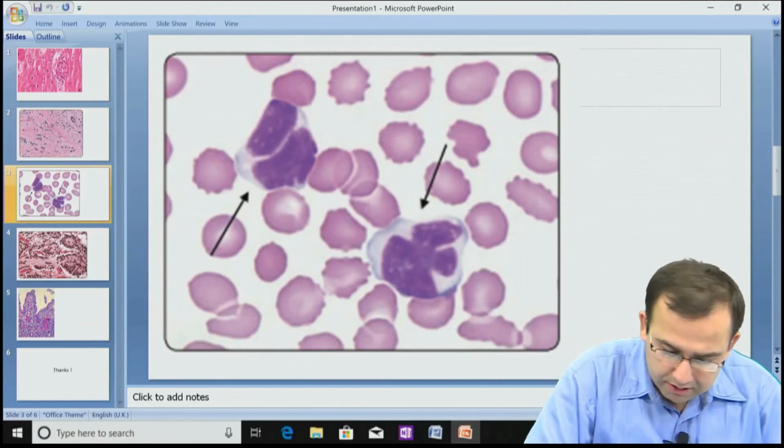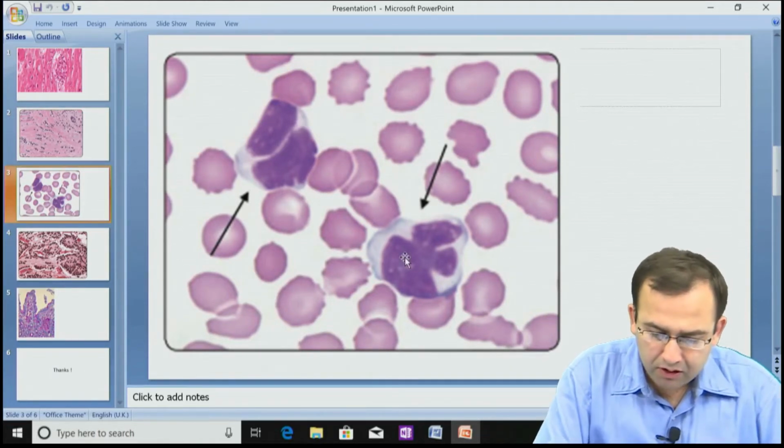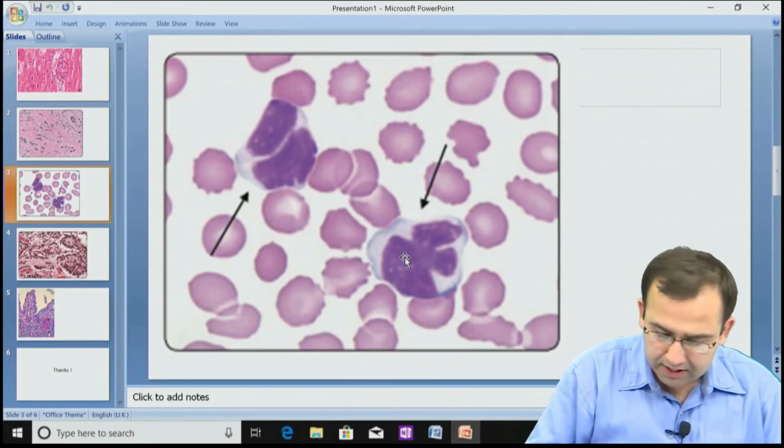Have a look at this image. What you see here is a peripheral smear, RBCs in the background with brain-like cells, the Sézary cells.